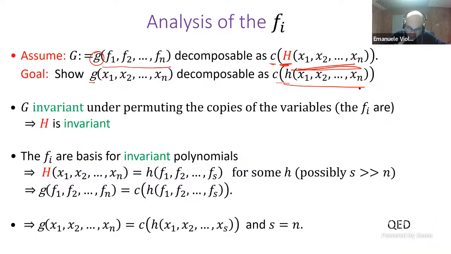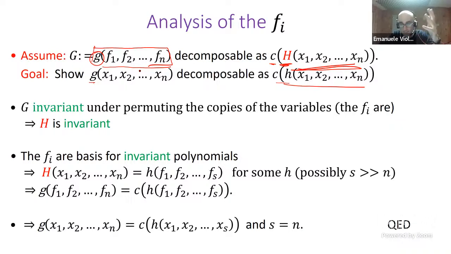I just want to flash the key steps of this to show you where the invariant theory comes up, because it seems that it could be useful in this area. So the critical observation is that this polynomial here, little g composed with the F, is invariant under permuting the copies of the variables.